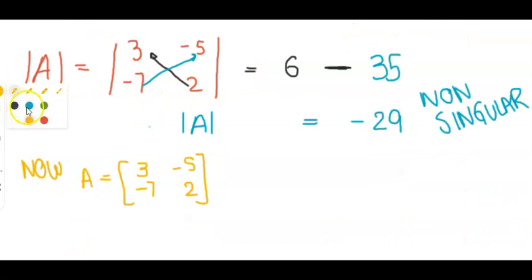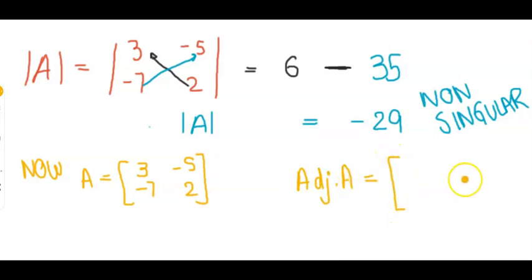We know the matrix A is this. Now, when we find the adjoint of A for 2 by 2, it's a lot simpler. It's still a matrix. First thing, you swap these two, so that will become a 2 here and 3 there.